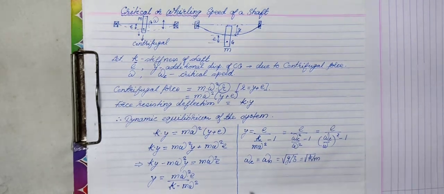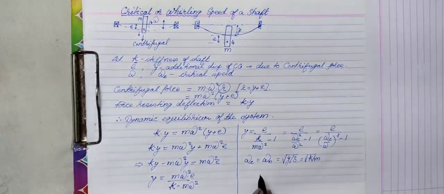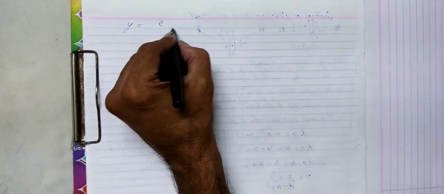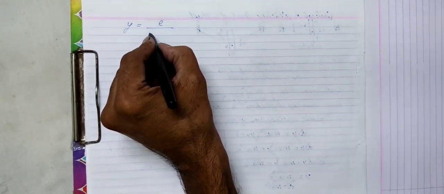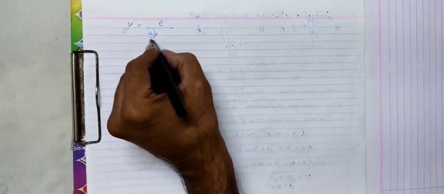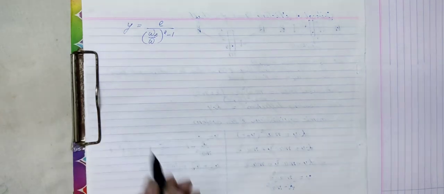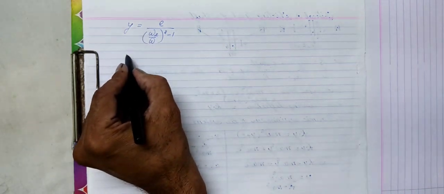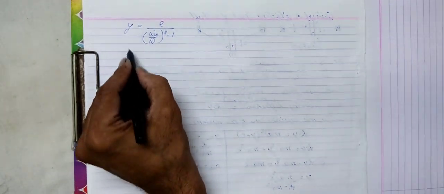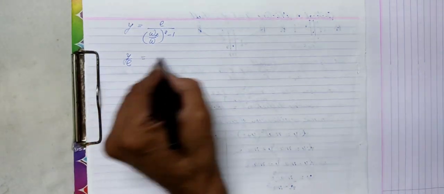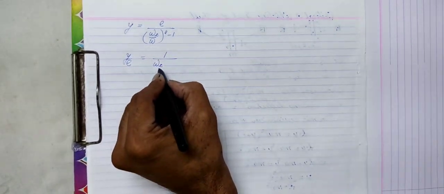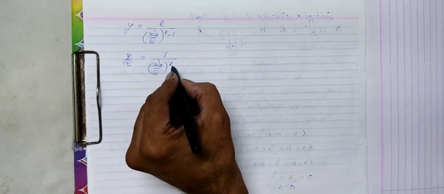Now when we further simplify it, we have seen that y came out to be e upon omega c upon omega square minus 1. So I can express this as the ratio of the two displacements, y by e, equal to 1 upon omega c upon omega square minus 1.